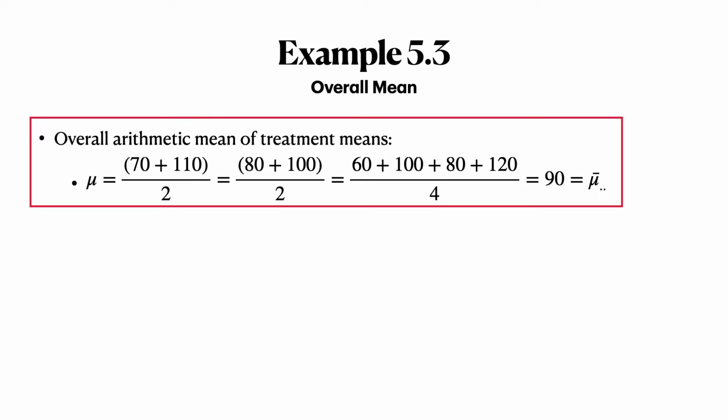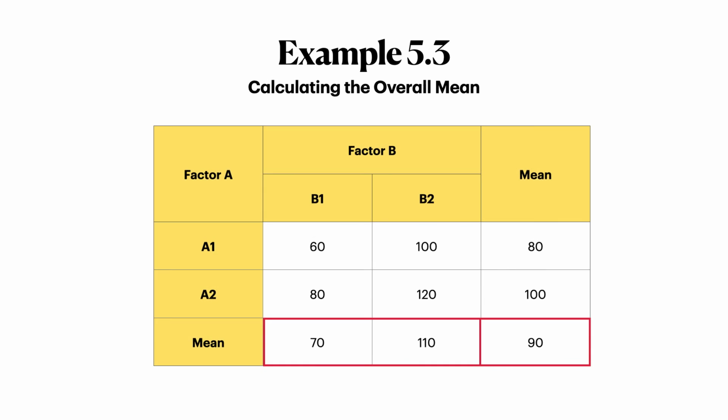And again, we can also denote this as mu bar dot dot if we want to emphasize the fact that it's the arithmetic mean of the treatment combination means. And so we can demonstrate each of these three calculations by looking at the table. And so here, the cell in the bottom right corner is the overall arithmetic mean of the treatment combinations.